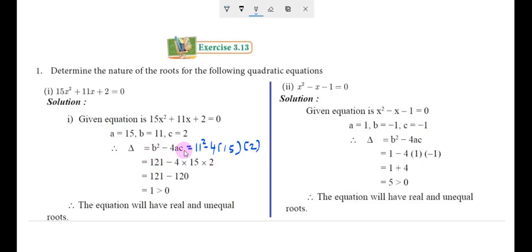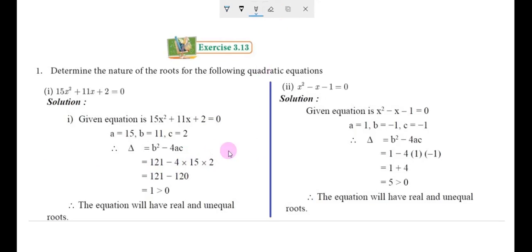So b square minus 4ac equals 11 square minus 4 into 15 into 2. What is 11 square? 11 into 11, that is 121. So here 121 minus 4 into 15 into 2.